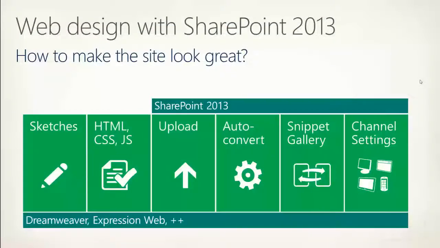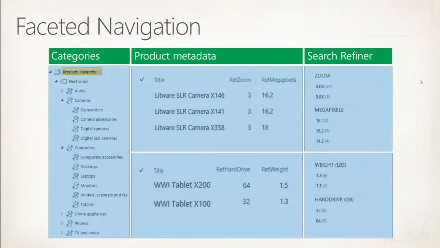So what we're using for this is a new feature in SharePoint 2013, which is called faceted navigation. And that is fantastic for me as a business manager to make sure that my customers find the products they're looking for. So on the left-hand side, you see all my different categories. I have 33 of them in this example.